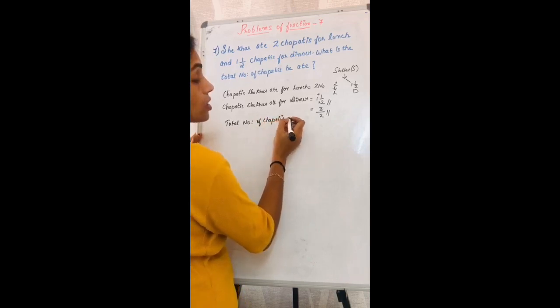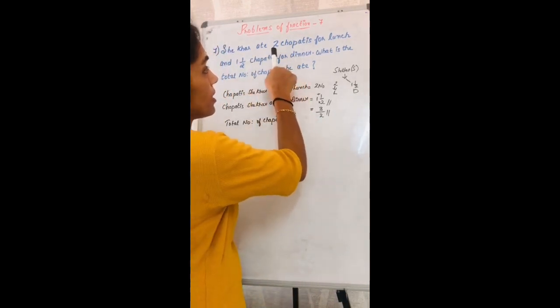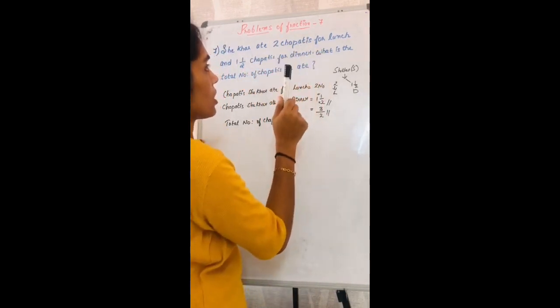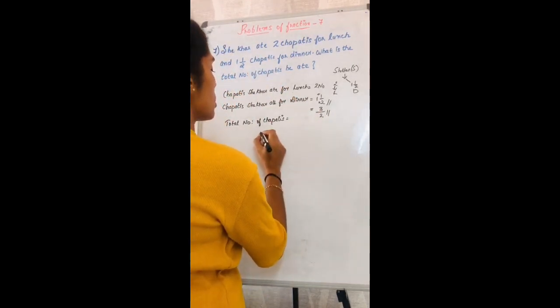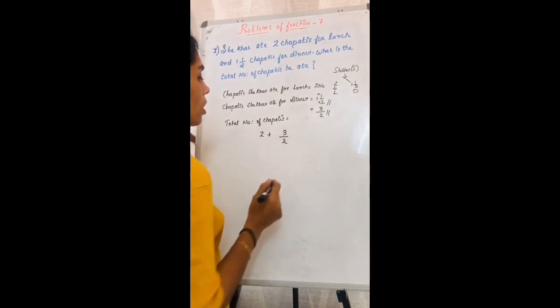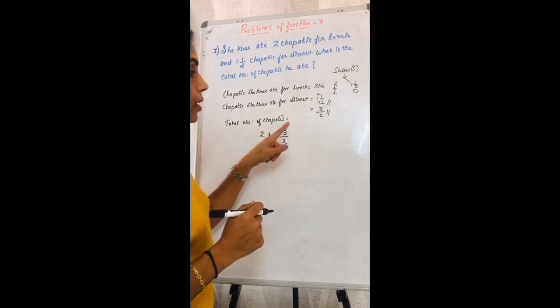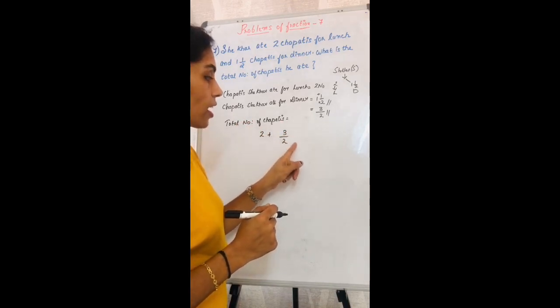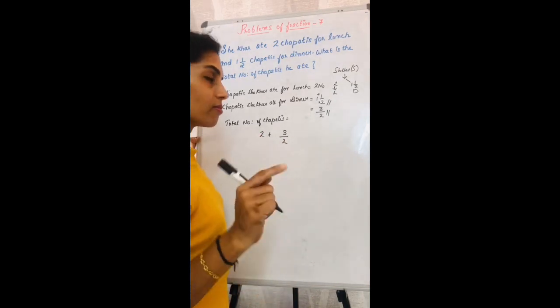I repeat, you don't have to learn your sentence by heart. You have got your sentence from the question. You can frame it by yourself, okay? That is 2 plus 3 by 2. Now here you're going to add a whole number and an improper fraction, right? So how will you make the denominator the same? Simple.